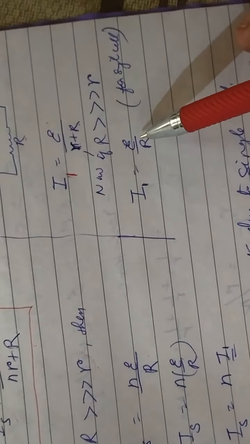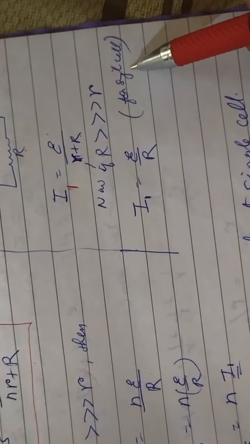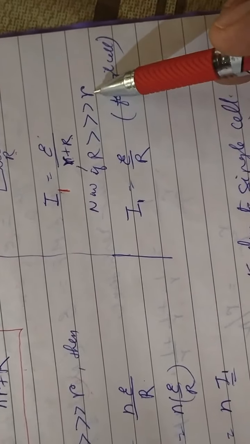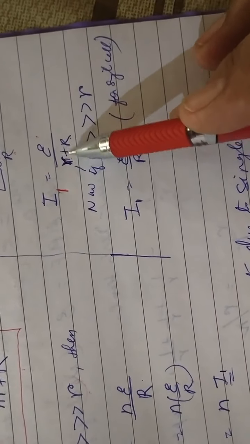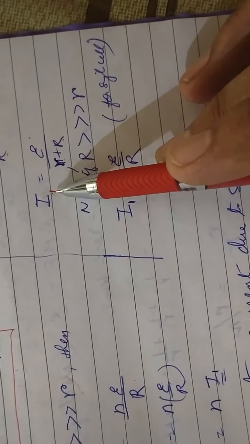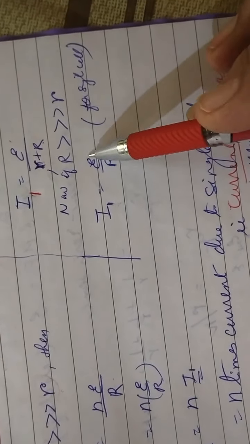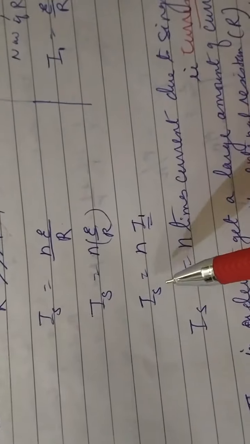E upon R is the current due to a single cell. If R is very large, then small r is neglected. So I1, for one cell, is equal to E upon R. So how much is the total current?